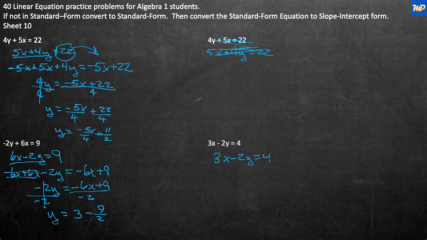So we're going to move the x term, remember the little gate here? We're going to move the x term over to the right side and keep the y term on the left.